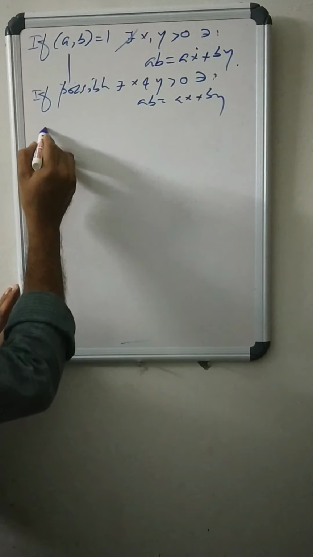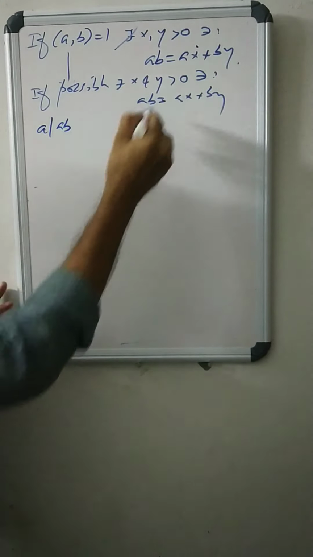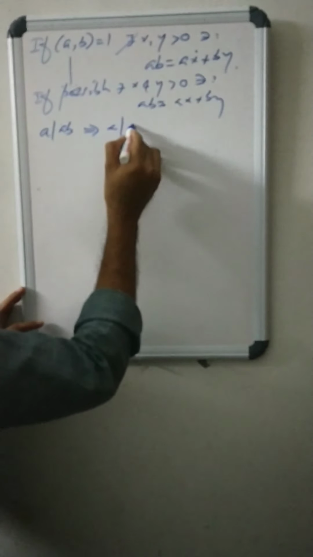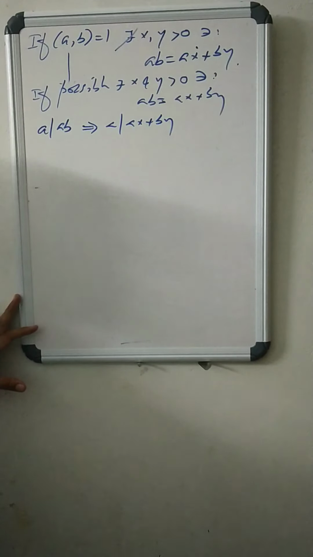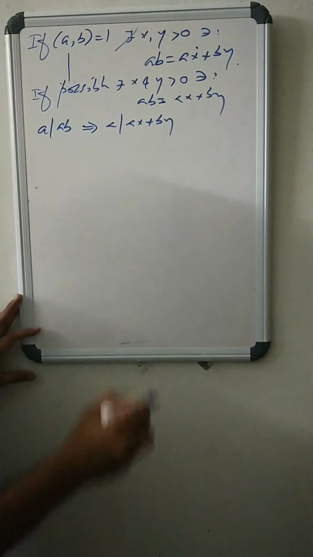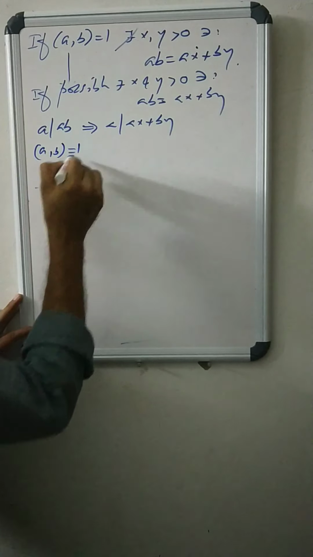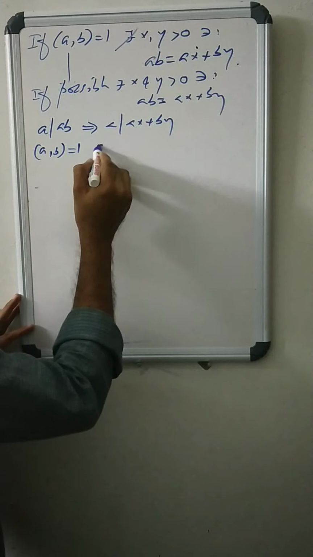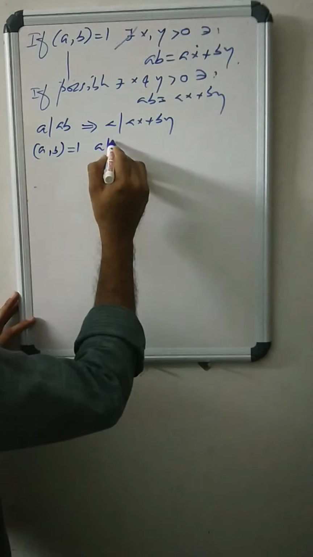Clearly, a divides ab. Okay, ab equals ax plus by. A divides ab means a divides ax plus by. So a divides ax plus by, but a and b are relatively prime.